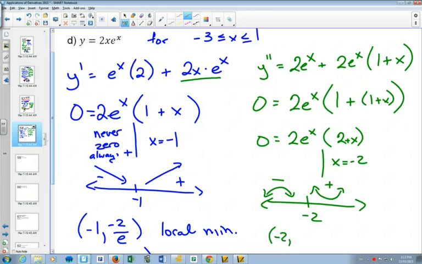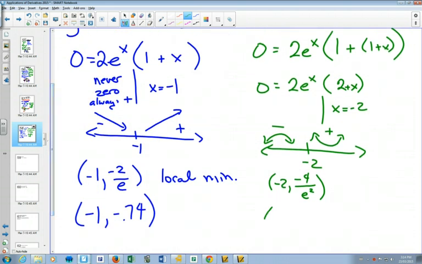Plugging in -2 will give me -4 over e squared, which is -0.54. And this is our inflection point. So we've got our local min, we've got our inflection point.